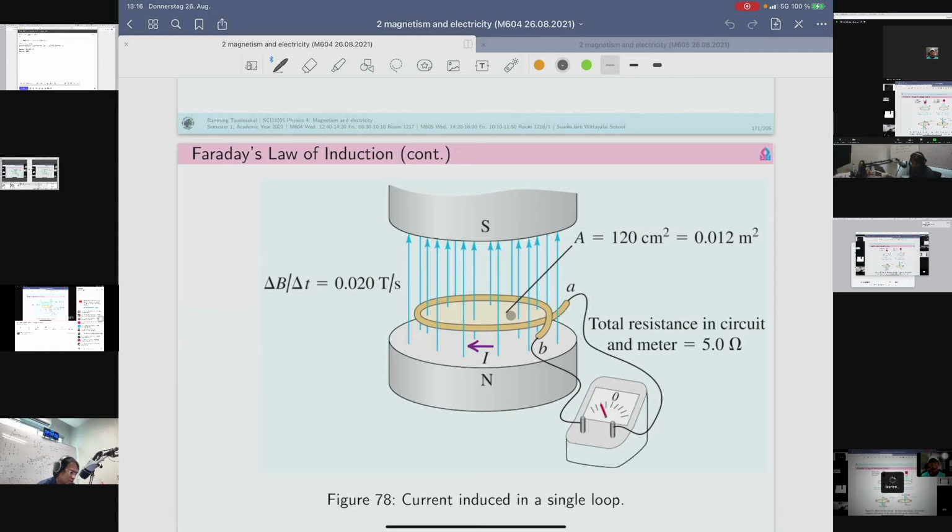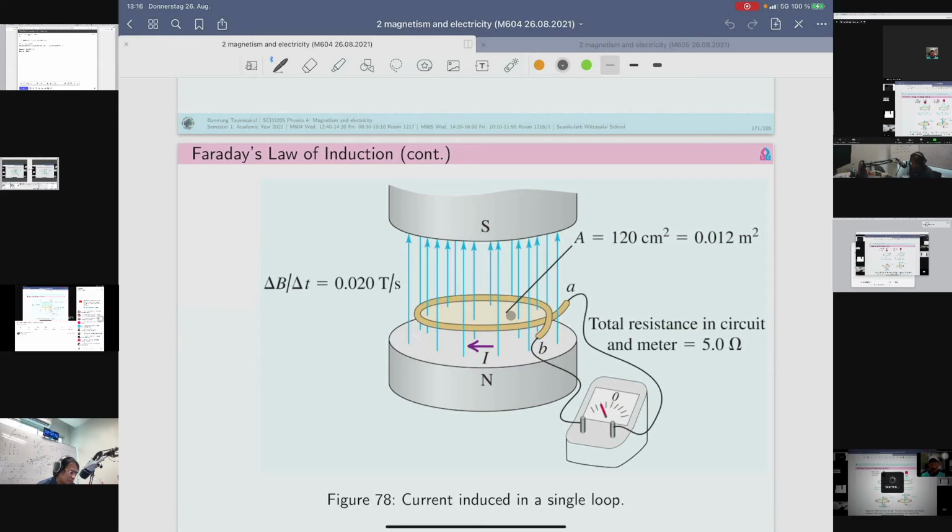In 1 second, the magnetic field is higher by 0.02 Tesla. The cross-sectional area is 120 square centimeter, and the internal resistance of that conductor is 5 ohm. Find the magnitude of the induced EMF and the induced current in the circuit.